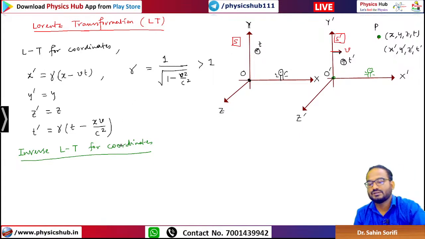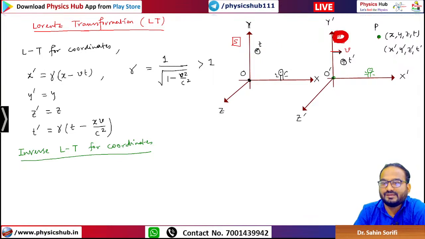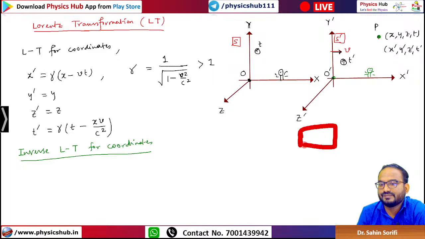How will you represent them with respect to the S frame? So you just notice one thing. If S prime is moving with speed v, then with respect to the S prime frame, what is the speed of S? Imagine you are standing on the ground, and a car is moving with constant speed. The car is the S prime frame, you are at the S frame.